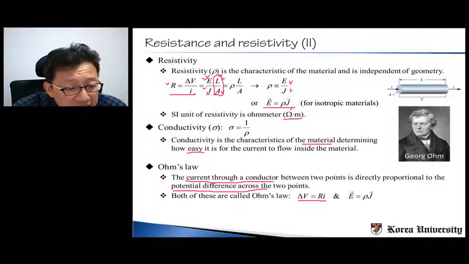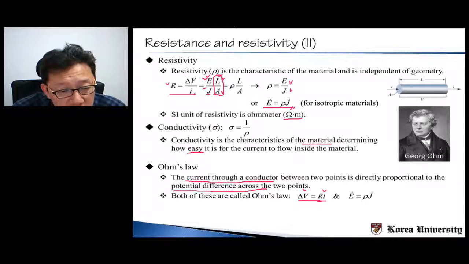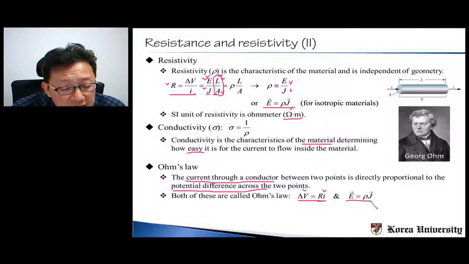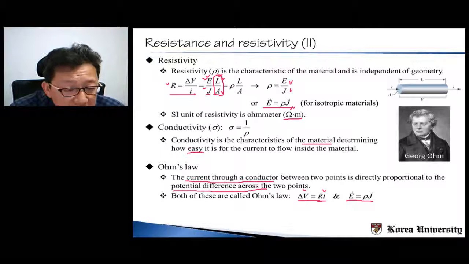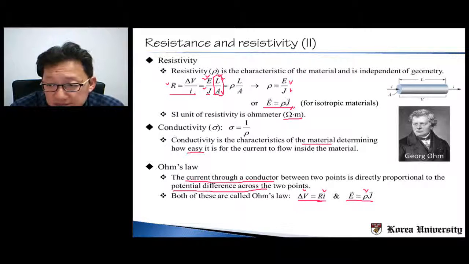First, delta V equals Ri. This directly expresses what is stated just above: potential difference, current flow and resistance. I mean resistance is the proportionality constant. And equivalently, you can express it using electric field and current density, and the proportionality constant will be the resistivity.